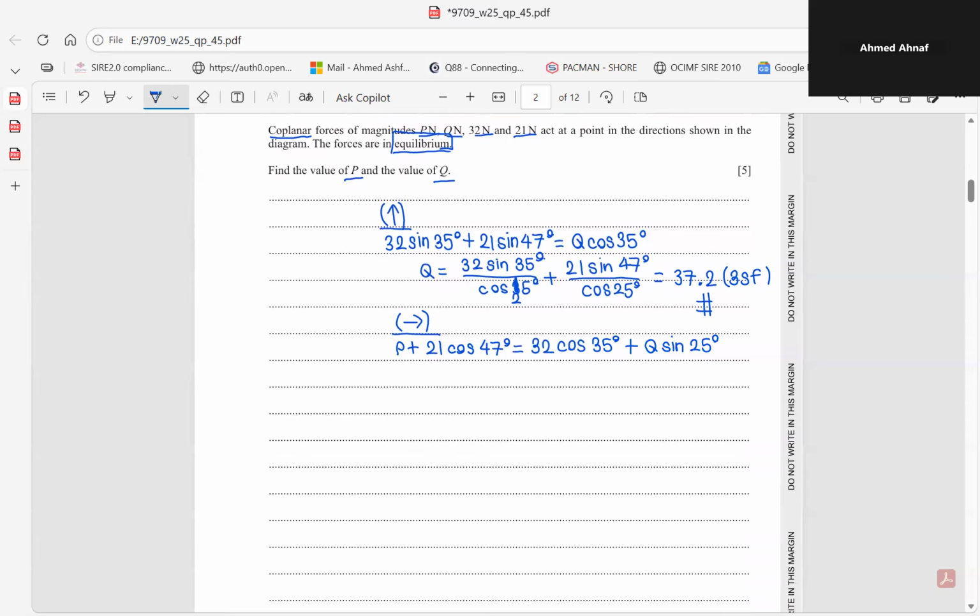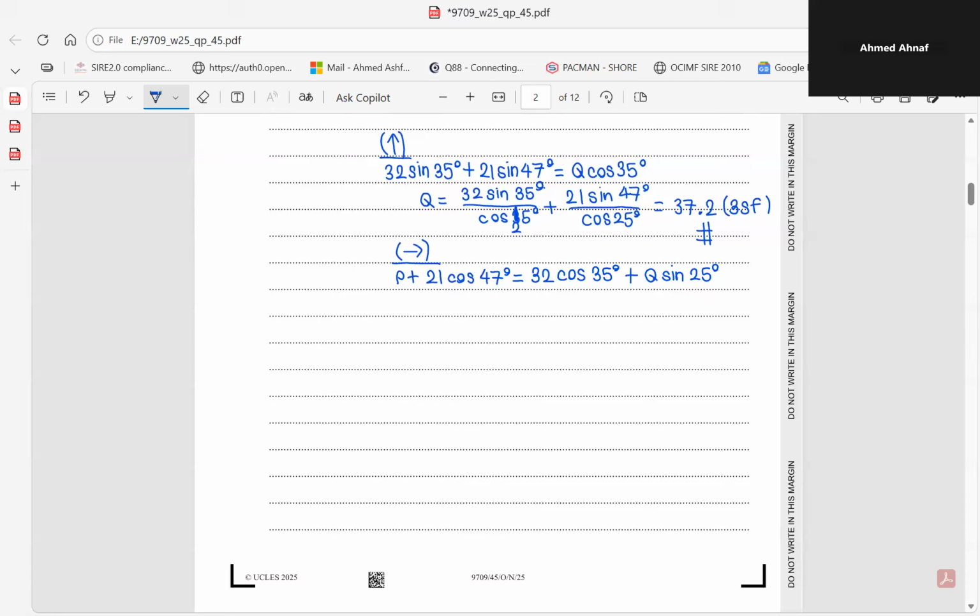So now we just make P the subject. P will be 32 cosine 35 plus Q sine 25.